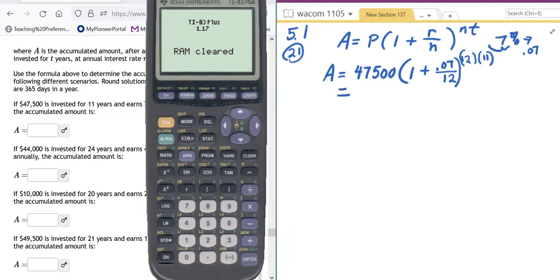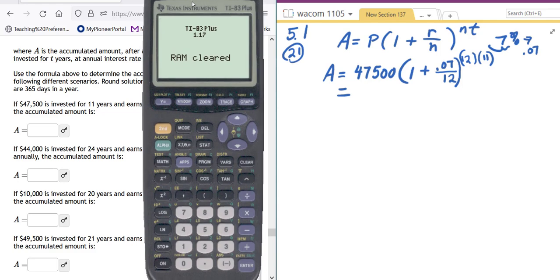I don't trust it too much. I would go ahead and figure out this 12 times 11, which is 132. And then I would start and I would work in that parentheses. So what I'm really doing is I am manually doing order of operations.